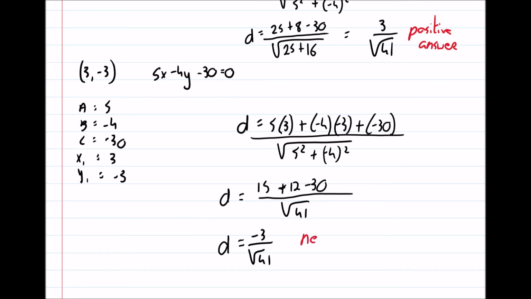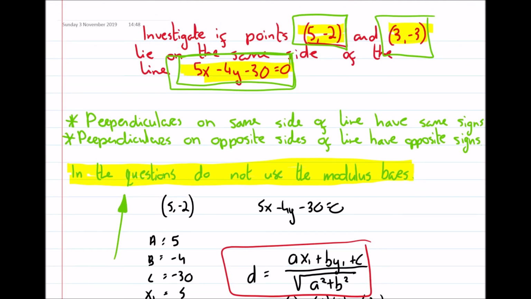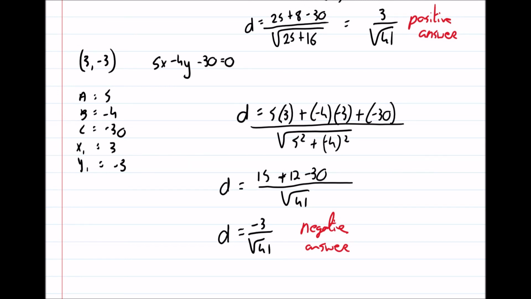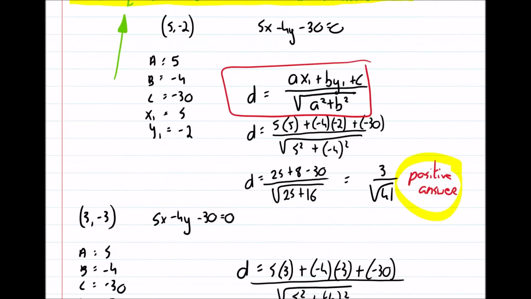And that is a negative answer. So if we look up here, perpendiculars on the same side of the line have the same signs, perpendiculars on opposite sides of the line have opposite signs. Okay, simple answer for that is if these are different, then they are not on the same sides of the line. So the question is, investigate if points 5, minus 2 and 3, minus 3 lie on the same side of the line.